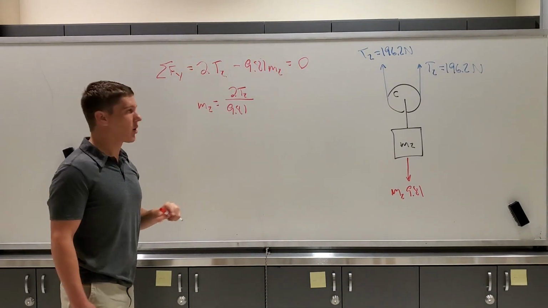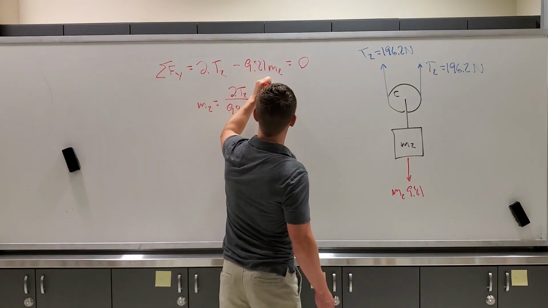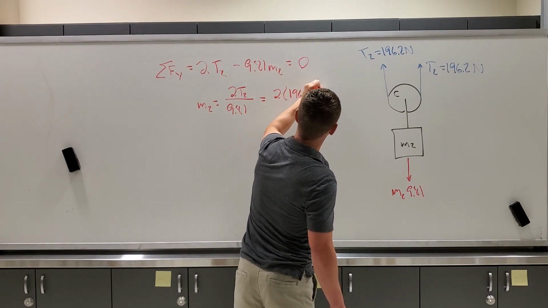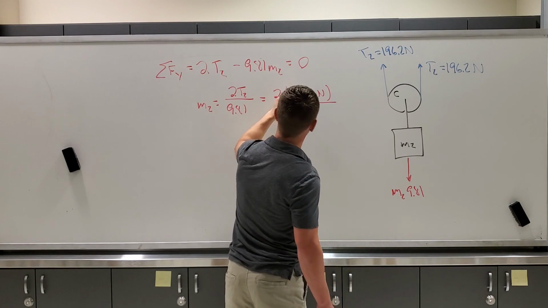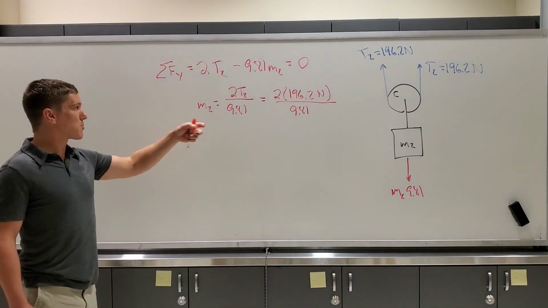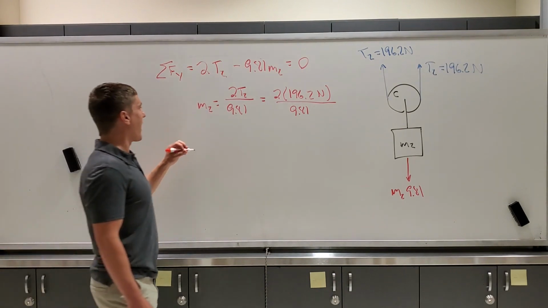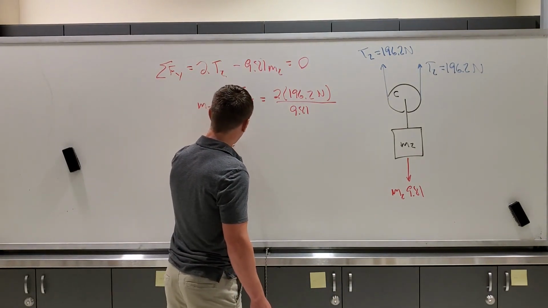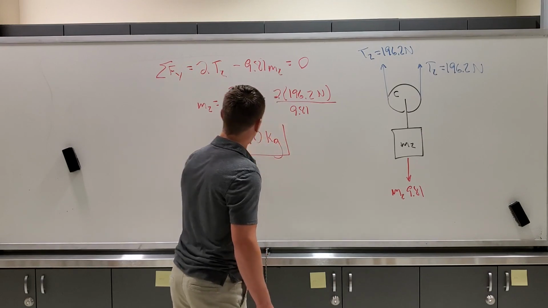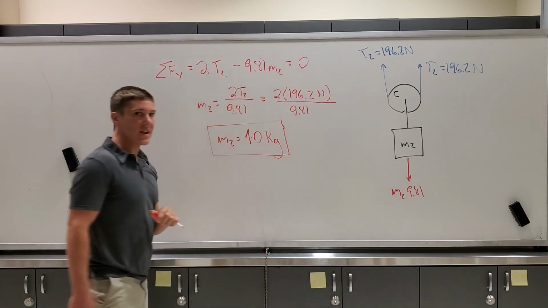We solved for it in the middle of the problem. So this becomes 2 times 196.2 newtons, all divided by 9.81 meters per second squared. I just plug all that into my calculator, and I will find that M2 is simply 40 kilograms.